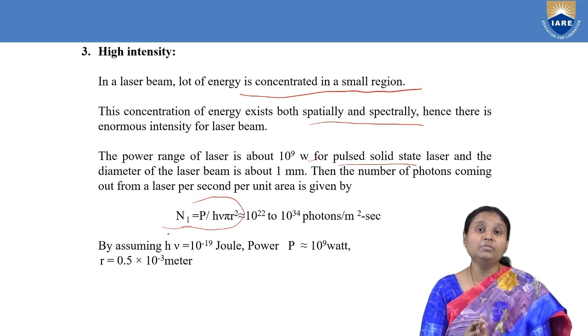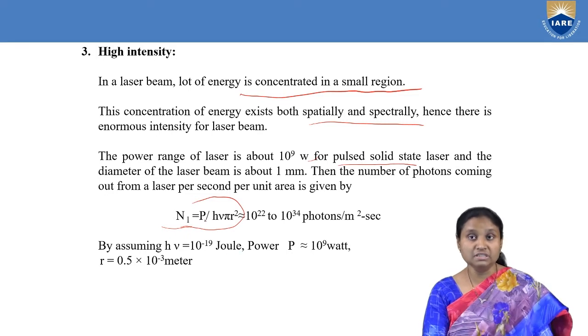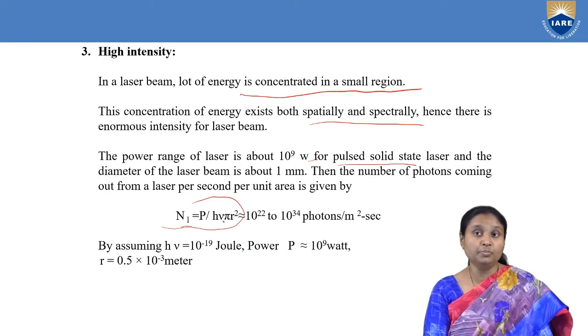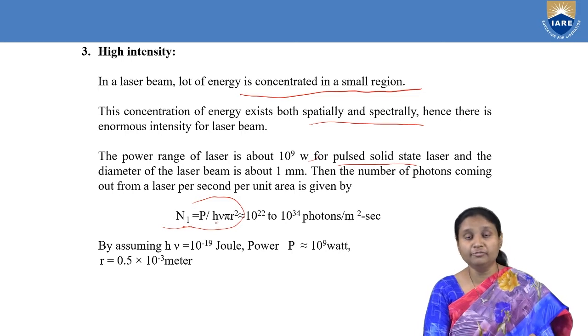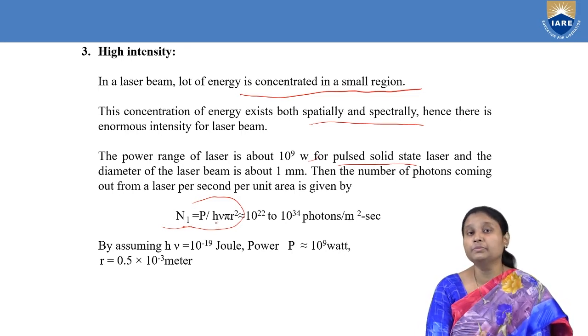In order to know how many photons are being emitted per unit area per second, we can make use of this formula, which is given as P by h nu pi r square. Here, of course, P is the power of laser, and h is Planck's constant, and we know the value of Planck's constant, 6.6 into 10 to the power of minus 34 joule second.